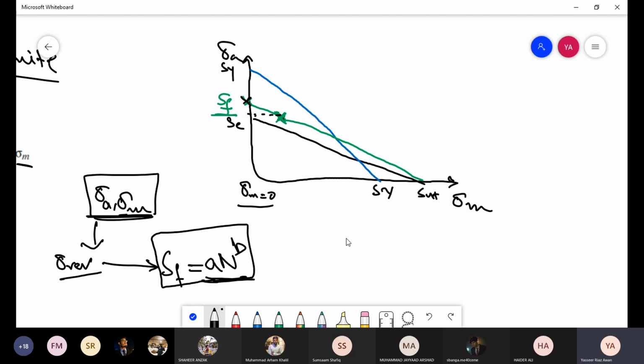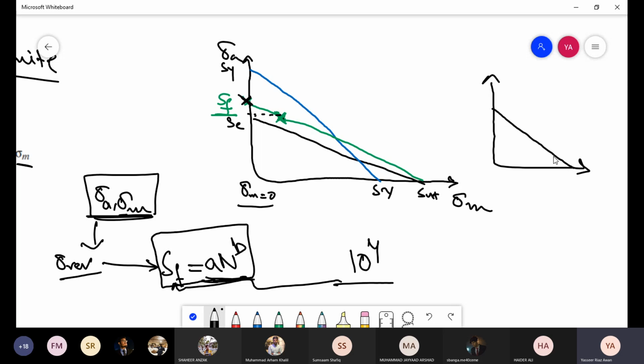Or we can go in the other direction also. If we are given that we have to go for 10⁴ cycles, we can find the fatigue strength for that, plot it on this curve, and then join it to SUT to find the region which is safe for that number of cycles.